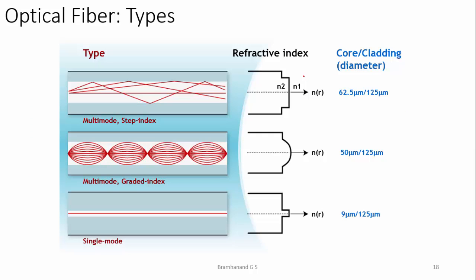There are different kinds of optical fibers, namely multimode and single mode. Multimode fiber will have more core diameter compared to the core diameter of a single mode fiber.